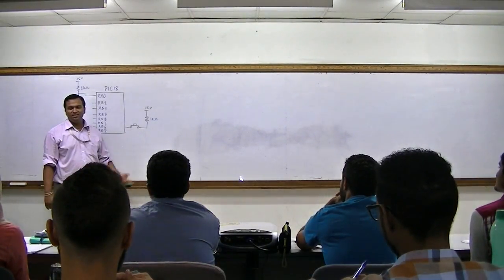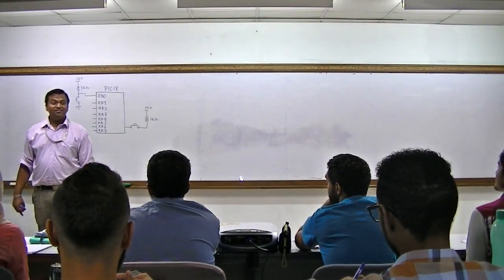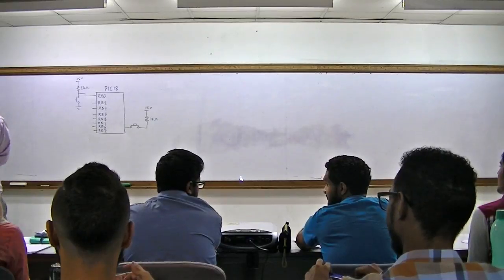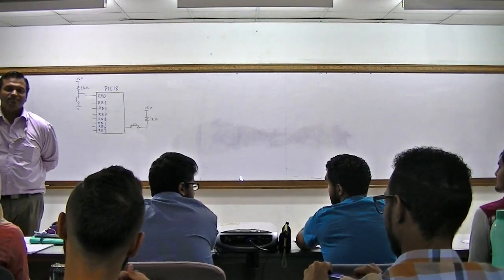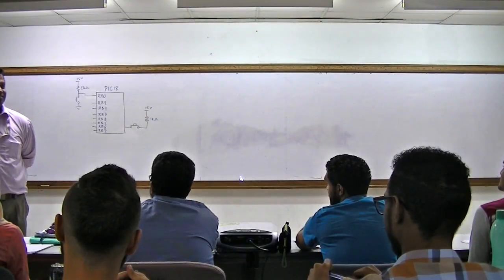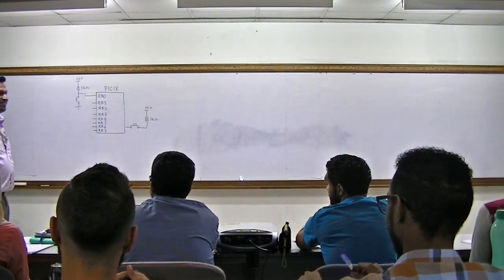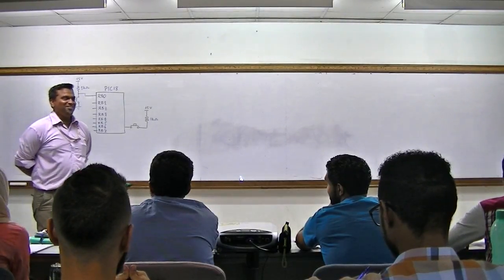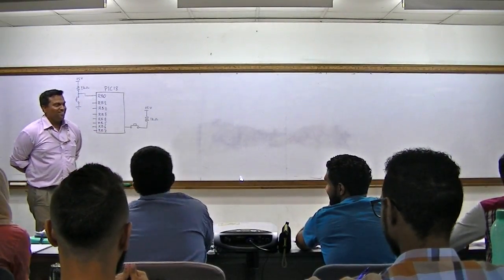What's wrong with it? 5 volt, resistor, switch. Should have known this signal. What's wrong with it? No negative. Logic 0 doesn't have negative. Why must have ground?